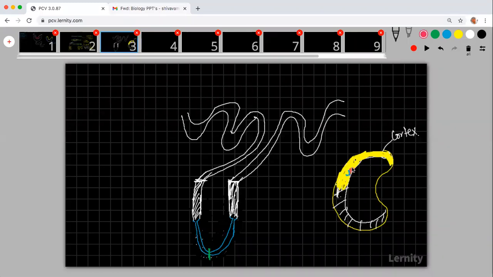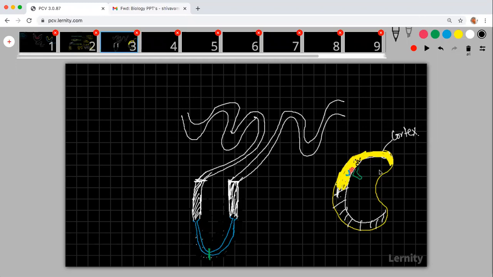Then the loop of Henle will come down, and then your distal convoluted tubule will be like this. Are you able to understand?